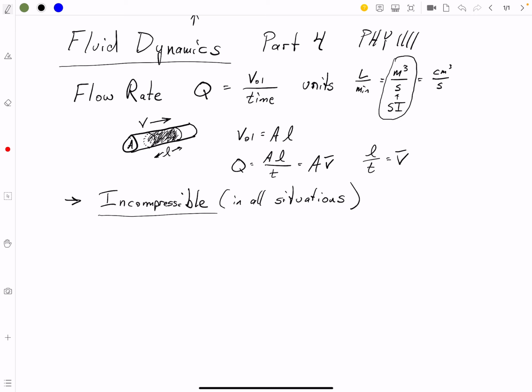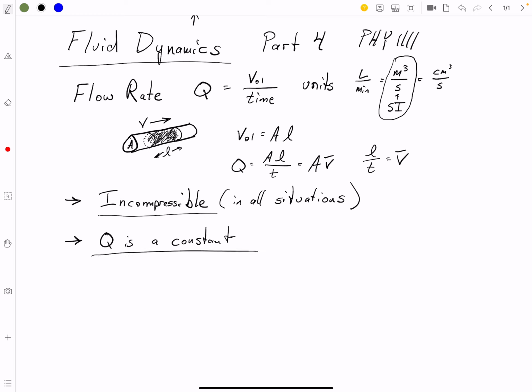And if we start dealing with compressibility, then we have to add some stuff to our equations. And that's wrong. That's just wrong. Okay, so we want Q to be a constant. So because it's incompressible, Q is a constant.